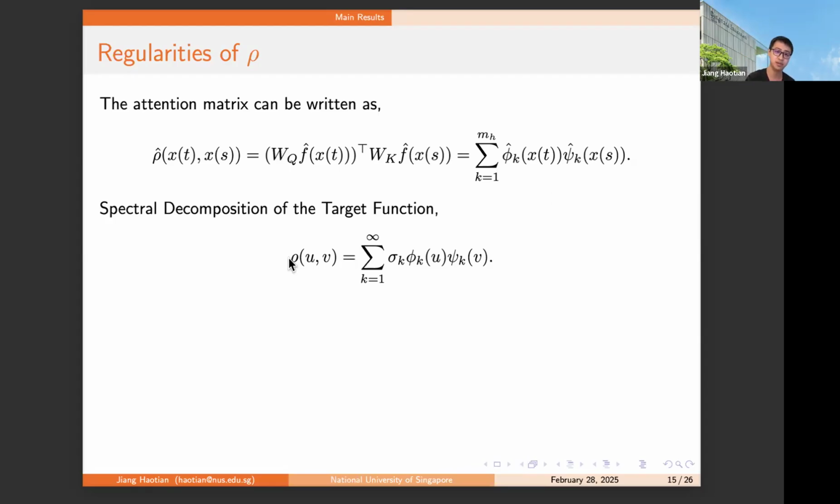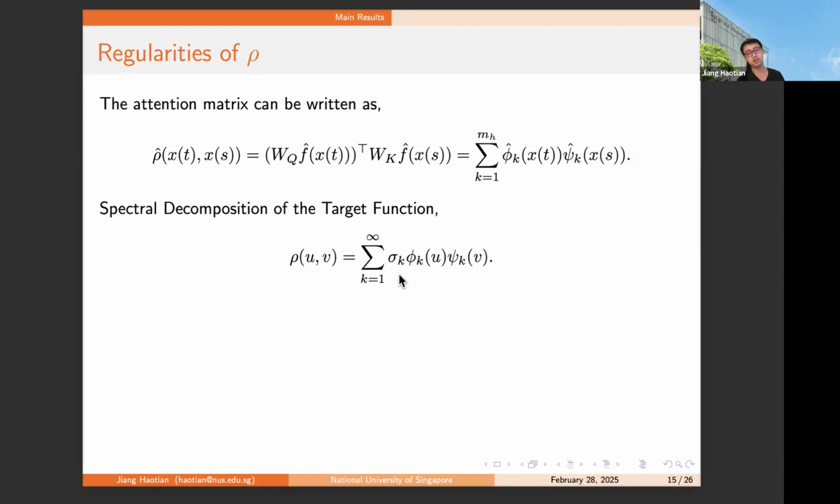For the target function rho here, we can also consider its POD decomposition. This is actually the spectral decomposition we use for the bivariate function here. The rho in the target representation can be decomposed into this form, where phi and psi here are the eigenfunctions of rho, and sigma here are the singular values.